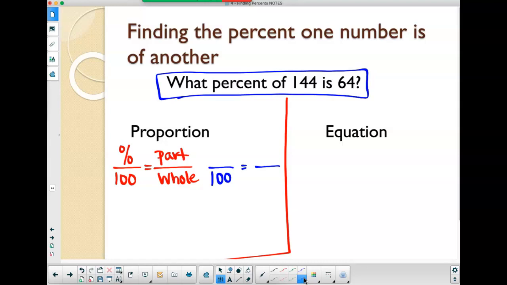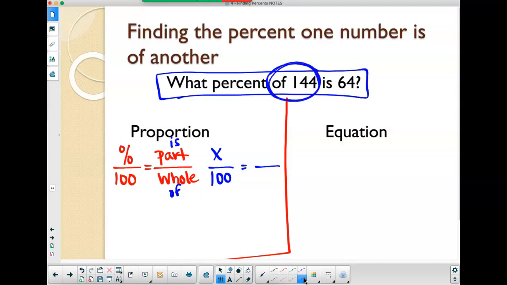Okay. Since we do not have a percent, we're going to put an X right there. So it'd be X over 100. Then we're going to read the problem. And remember, for part, I'm looking for the word is, and for whole, I'm looking for the word of. So it says, what percent of 144?